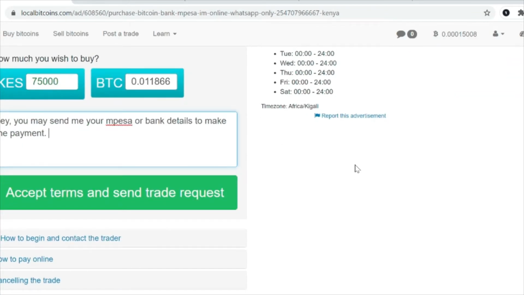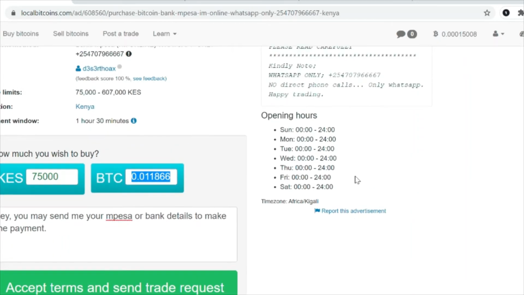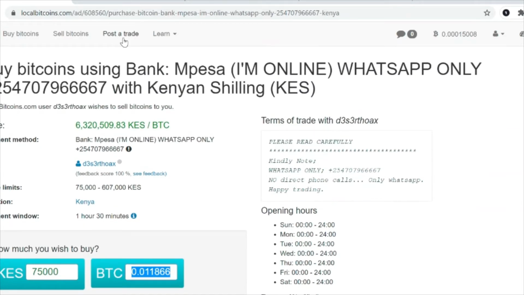that person will respond. This Bitcoin that I'm requesting is held in his trading account using escrow, so that when I click pay on my side and the person receives it, he's going to release the Bitcoin from his trading account.